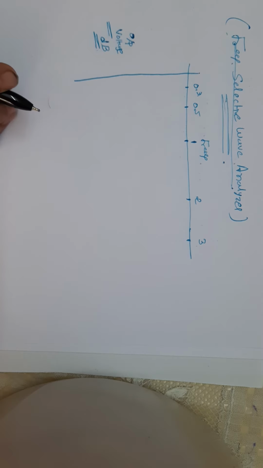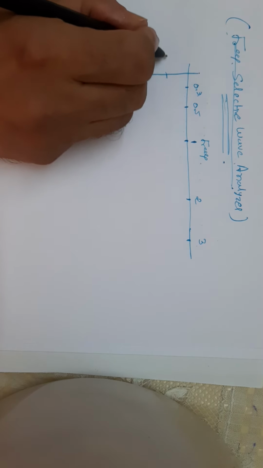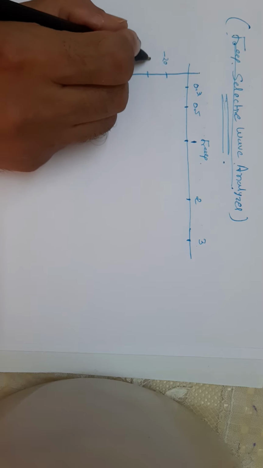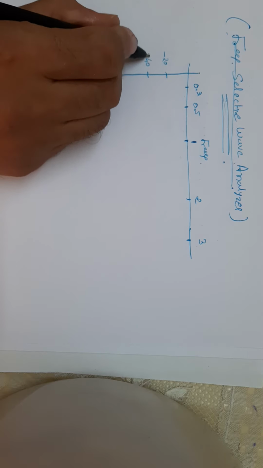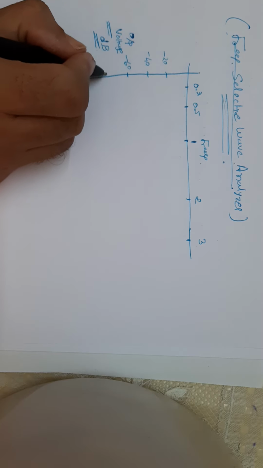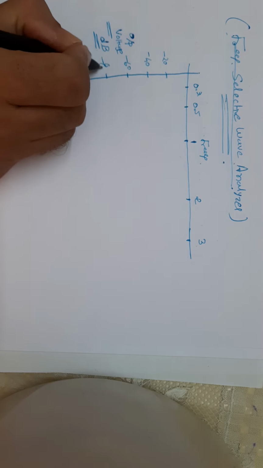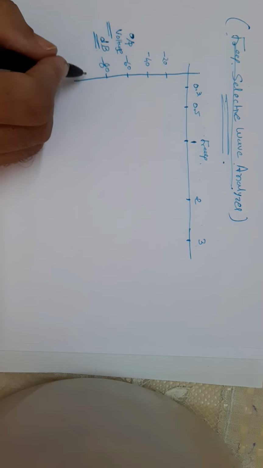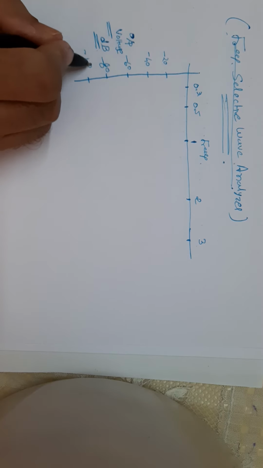In the decibel range we can write this is your -20, -40, -60, we can say -80, this is your -100, like this.